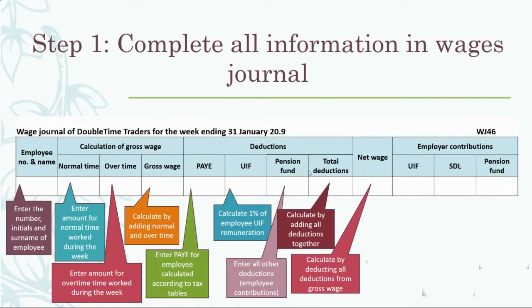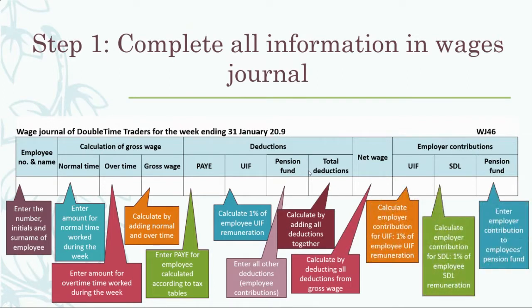And then your employer can contribute again to your pension fund, and they have to contribute to UIF and SDL based on our statutory law. And the same information applies. It's 1% of your UIF remuneration or your SDL. Okay, so that is exactly the same. And then your wage journal, your number is just a WJ as opposed to SJ for salaries journal.